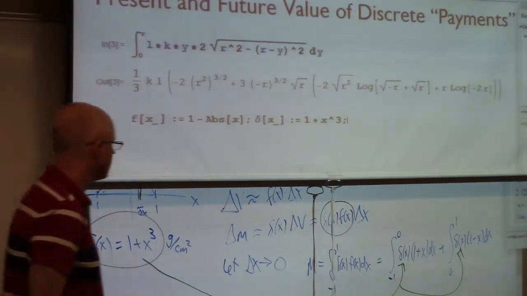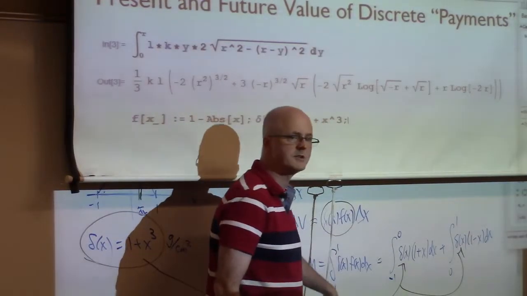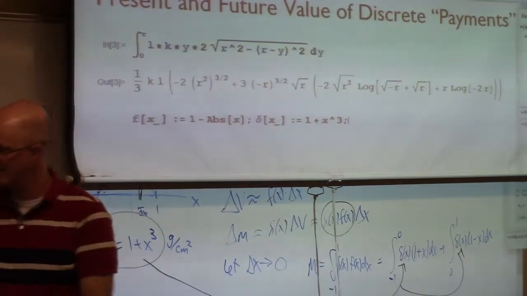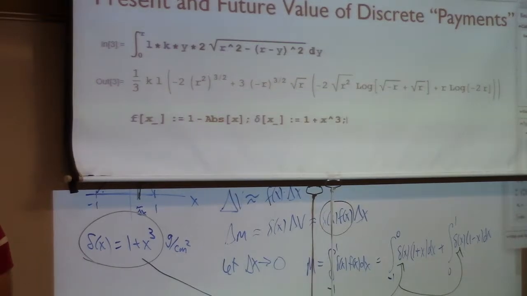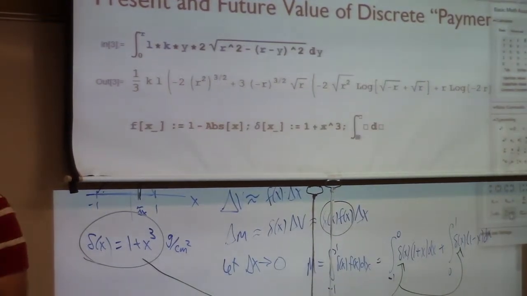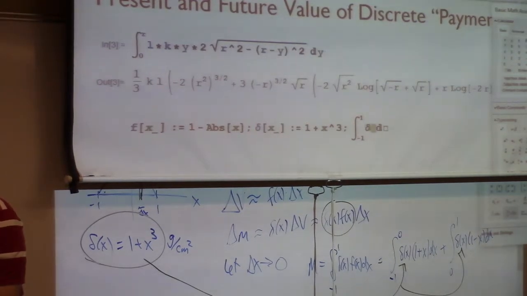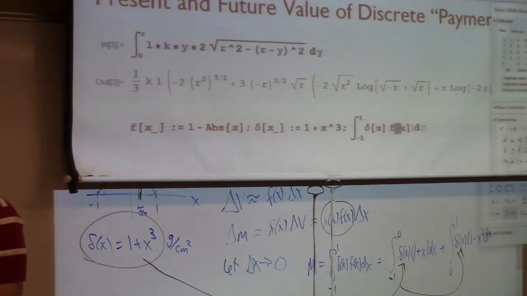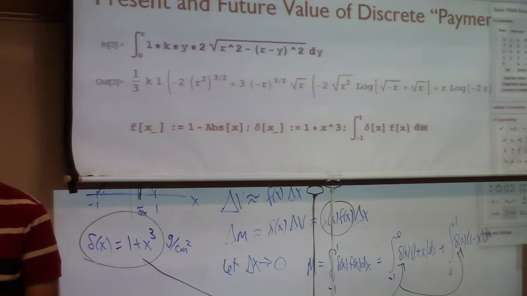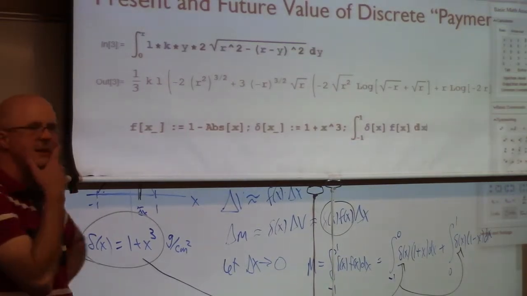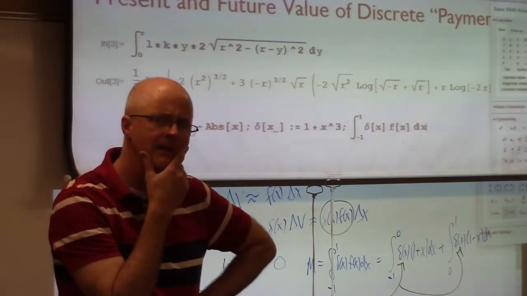And I'm integrating the product of those two functions from -1 to 1. So, that should give me the mass. Not the center of mass yet, just the mass. Can we take a guess as to what it might be?